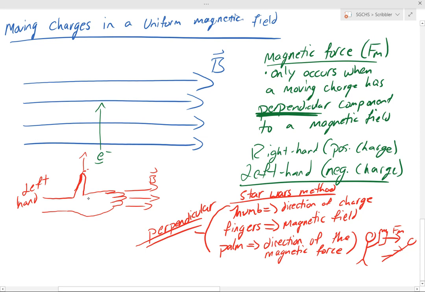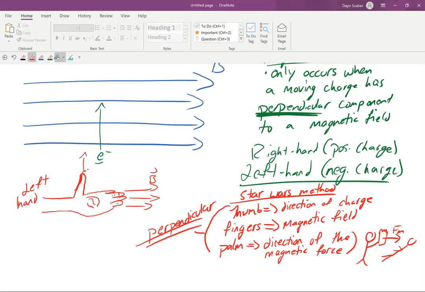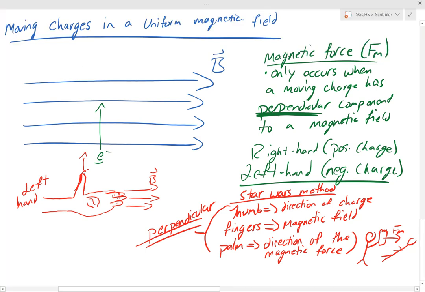And then this would be our palm. I don't quite know how to draw a palm. Let's just draw something like this. Okay, this would be our palm here. So that means the magnetic force this electron feels is pointing towards you, towards the face, out of the page. We can represent that with a dot.